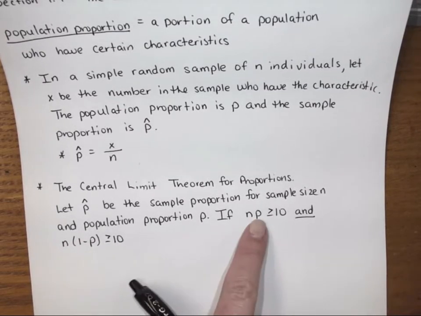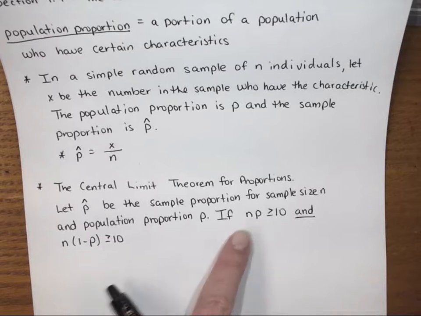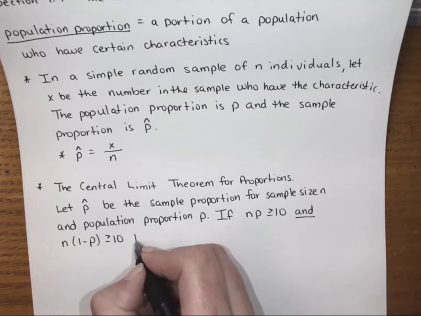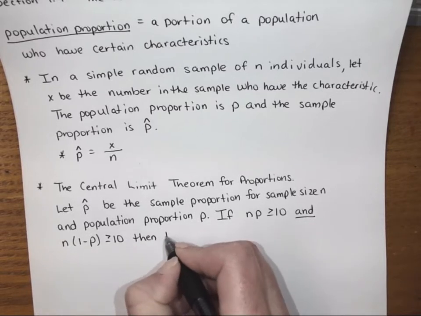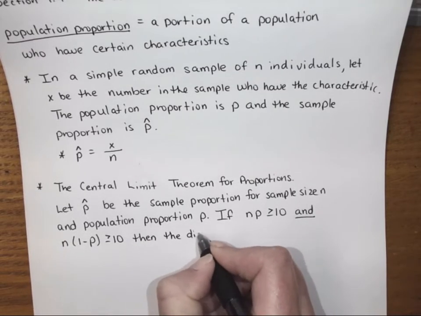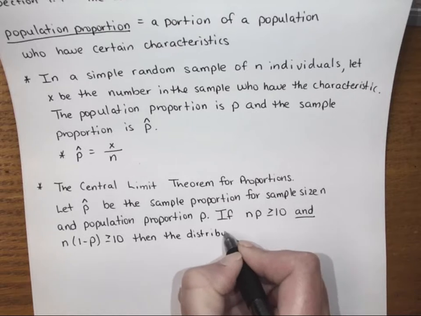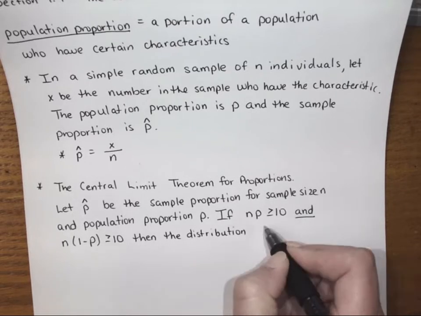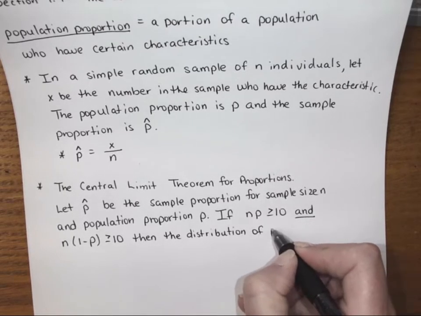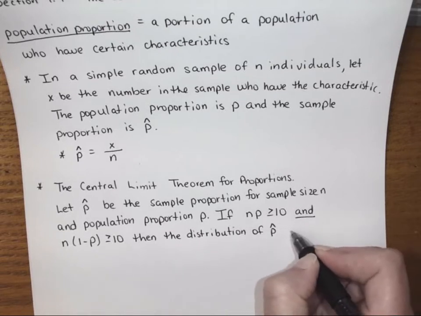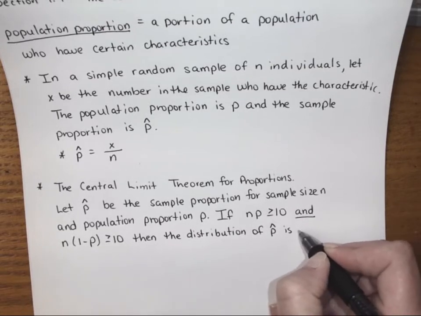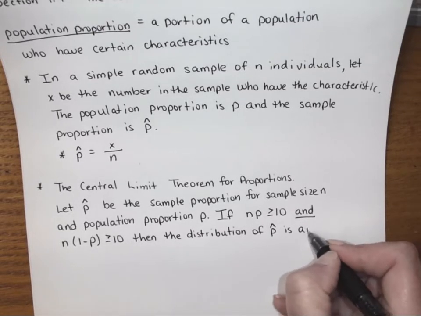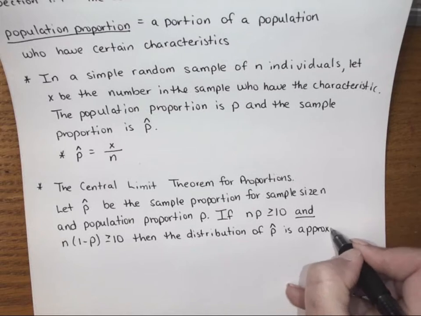So n times either of those proportions would have to be greater than or equal to 10. Then we can say that the distribution of sample proportions, or p hat, is approximately normal.